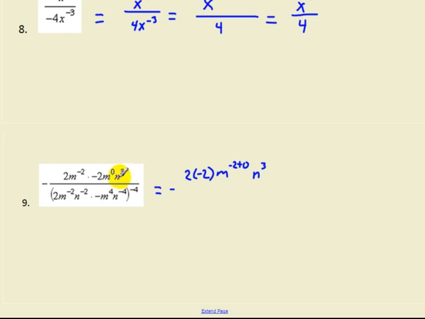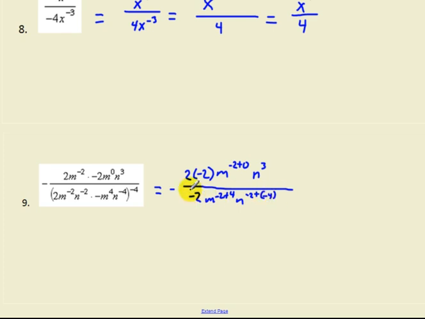Notice that this is the only place in the numerator where n shows up, so we still have n cubed, and this is all over, now simplify inside the parentheses, 2 times negative 1 is a negative 2, m to the negative 2 plus 4, and n to the negative 2 plus negative 4.